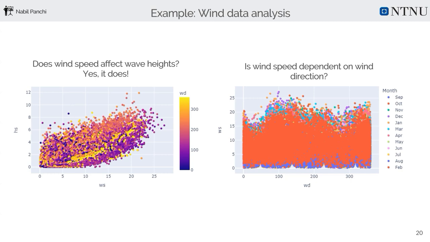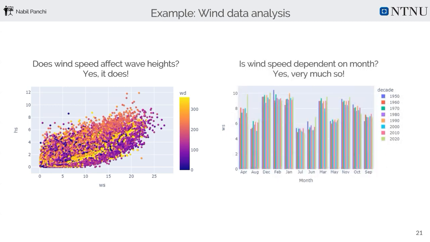Maybe you can say that when the wind direction is around 100, you see higher winds, especially the highest winds are from the east, right? And now they are colored according to the months. The idea here is that you visualize your data in different ways to extract different kinds of information, right? And this is an example of how to do that.